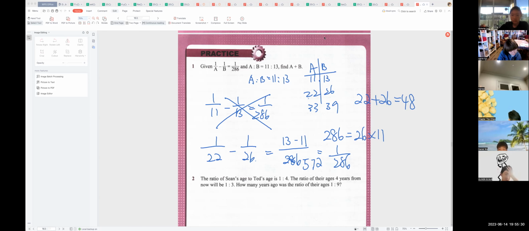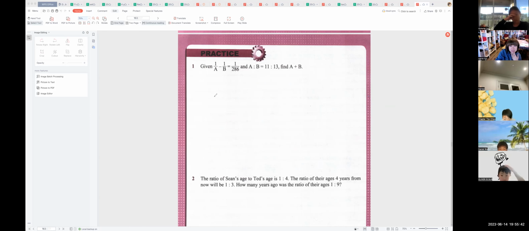Am I right? 好像不对，是不是我又做错了？老师今天状态不对呀。So 22 minus 26, 1 over 好像不对。我算一下啊。So 22, 26, 11 and 13. 对的呀。哦，280.